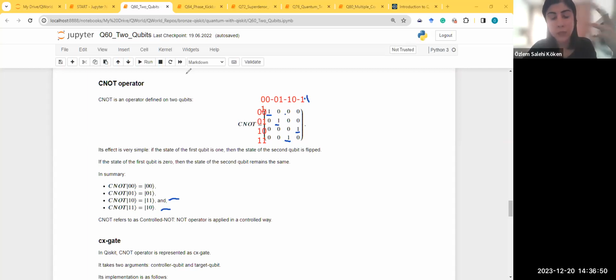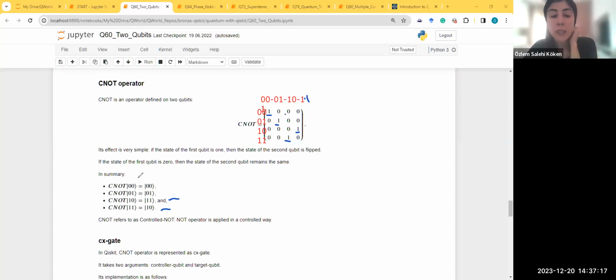So this is how CNOT is acting on two qubits. If your input is 00 or 01, then it's not changed. But if it is 10 or 11, then 10 is mapped to 11 and 11 is mapped to 10. And actually the CNOT name comes from controlled NOT. And what is the control?